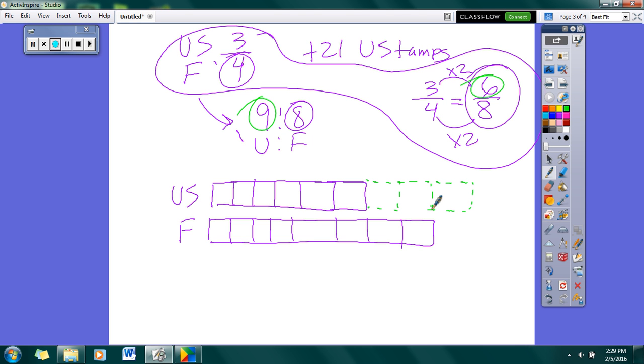Because I added 21 stamps, and I added these 3 boxes in my ratio, these boxes are worth 21 stamps. Since I have 3, I divide 21 into 3 parts. Each of these parts is worth 7.